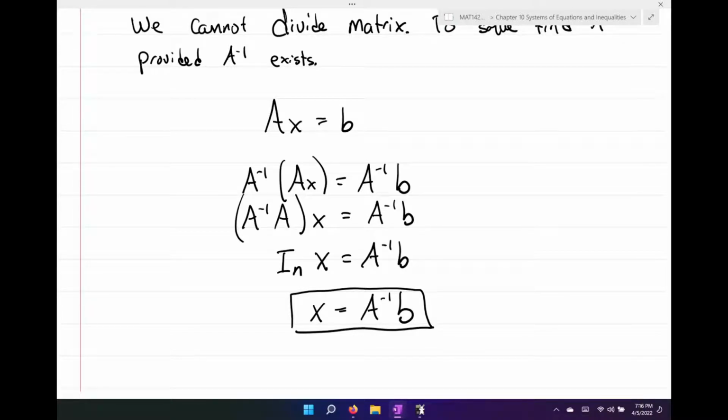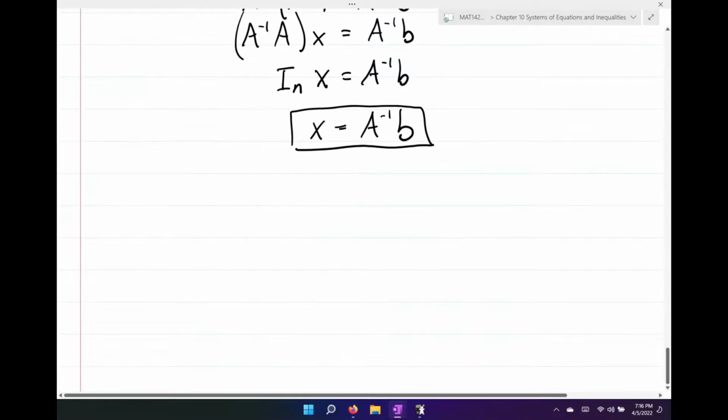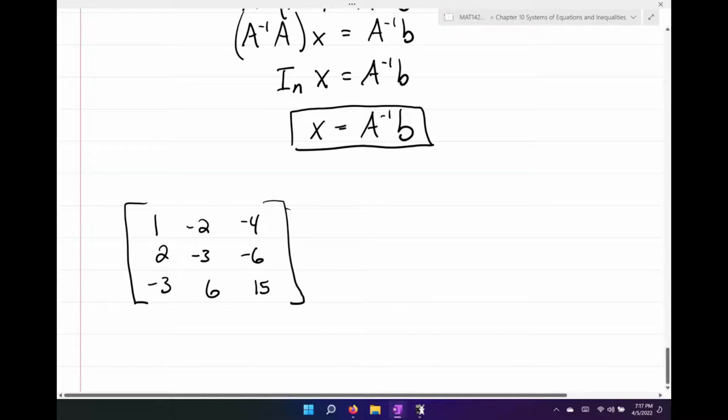So if we go back to our original problem that I wrote up here, it's going to be the coefficient matrix 1, -2, -4, 2, -3, -6, -3, 6, and 15. The first thing we need to check is, does this have an inverse?